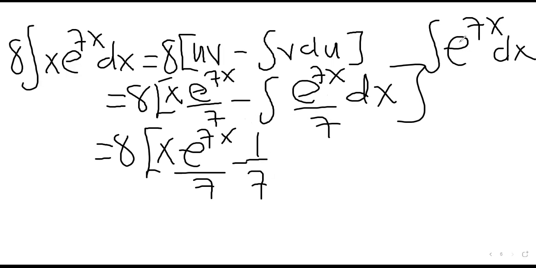So now for you to integrate this again, it is e, so it will still be the same thing, e to the power 7x. And now you differentiate the top part here, which is 7x. So when you differentiate 7x, you get 7.